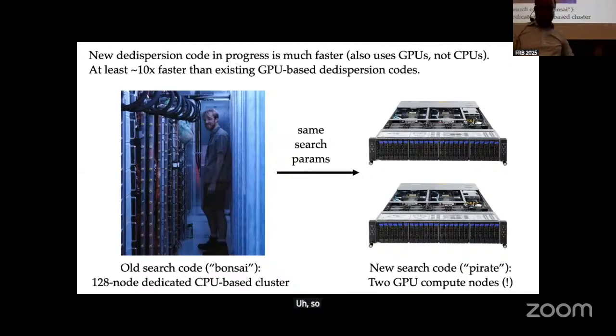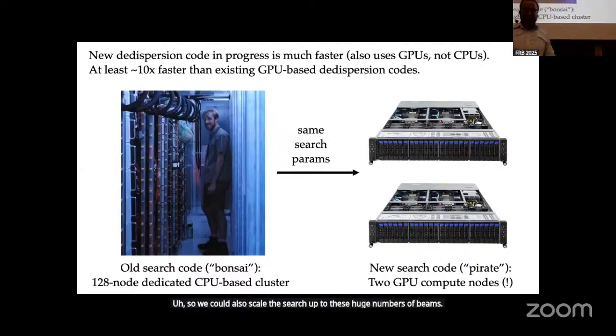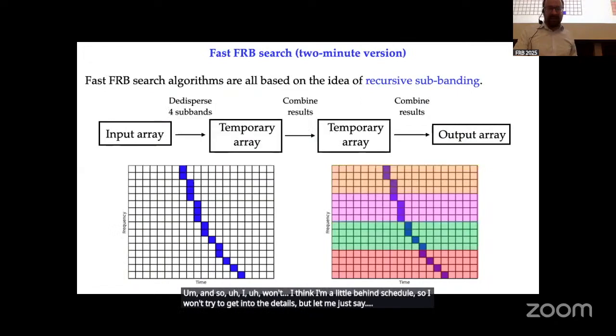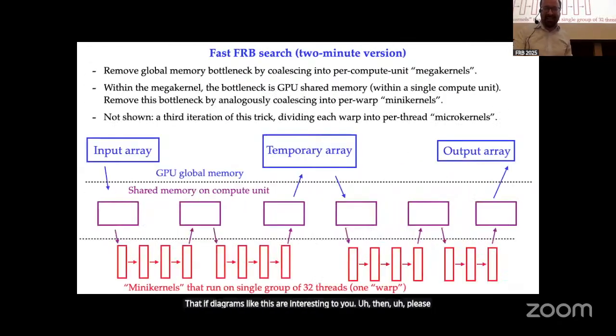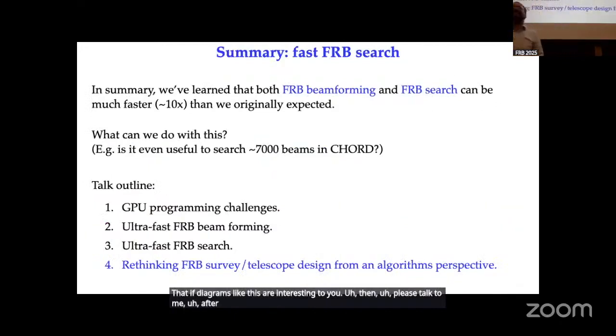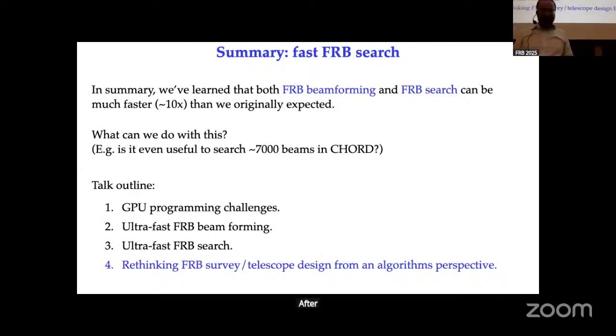So we could also scale the search up to these huge numbers of beams. I think I'm a little behind schedule, so I won't get into the details, but if diagrams like this are interesting to you, then please talk to me after the talk.